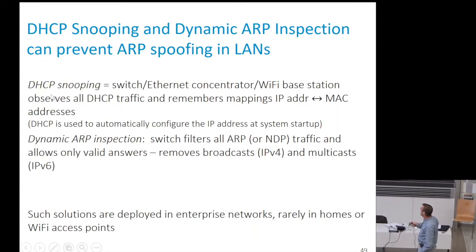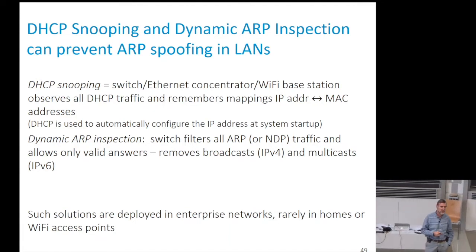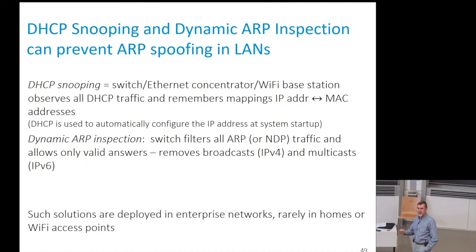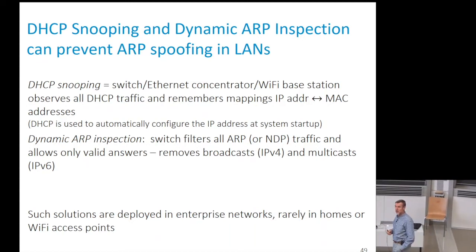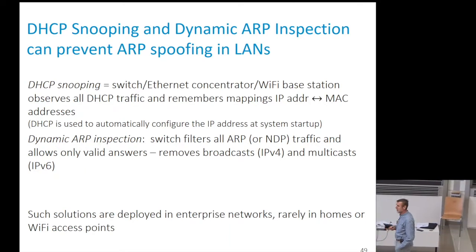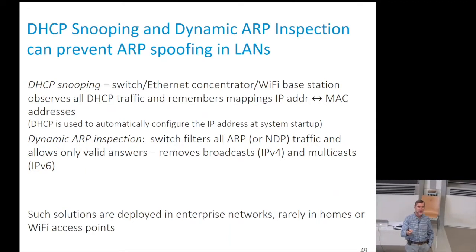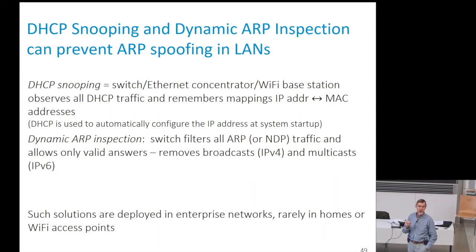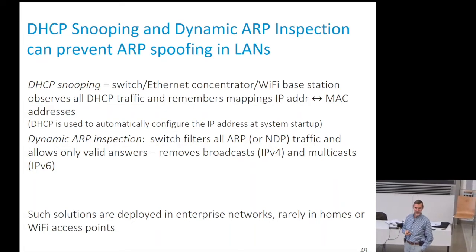What is DHCP? DHCP is a method that we will see in a second by which a host gets its IP address when it boots, or when you connect for the first time to a network. When you come in the morning to EPFL, your smartphone uses DHCP to get an IP address from the wireless network of EPFL. Now, the device that speaks to you, the base station or the Ethernet switch, can also observe that, or very often the DHCP function goes through this device, so it knows which address was given to you.